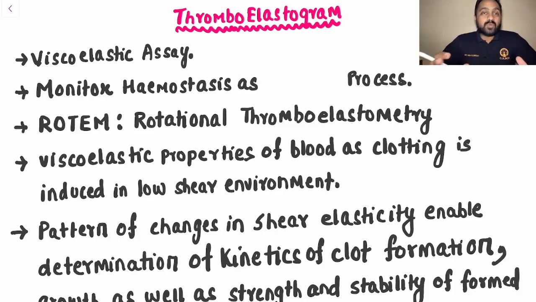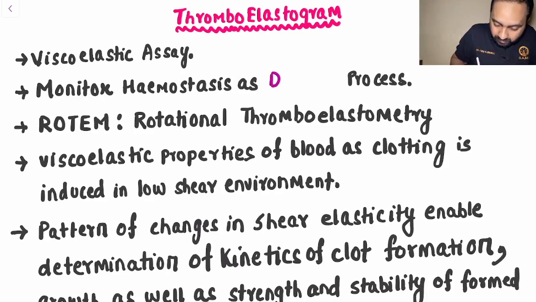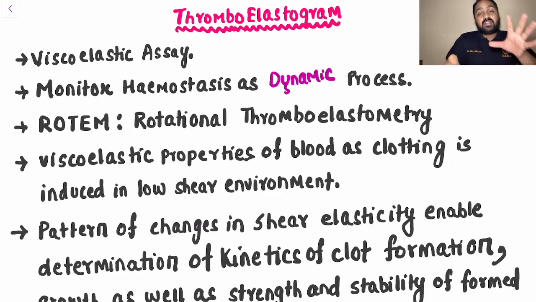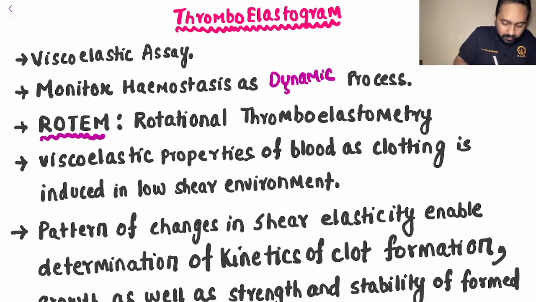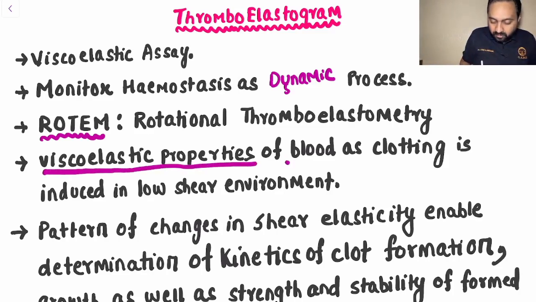What they do is basically monitor hemostasis as a dynamic process. Another type of viscoelastic assay is your ROTEM. ROTEM stands for rotational thromboelastometry. They measure the viscoelastic properties of the blood as clotting is induced in a low shear environment.